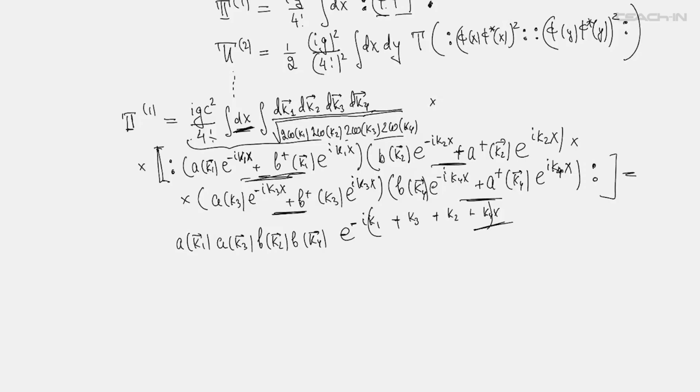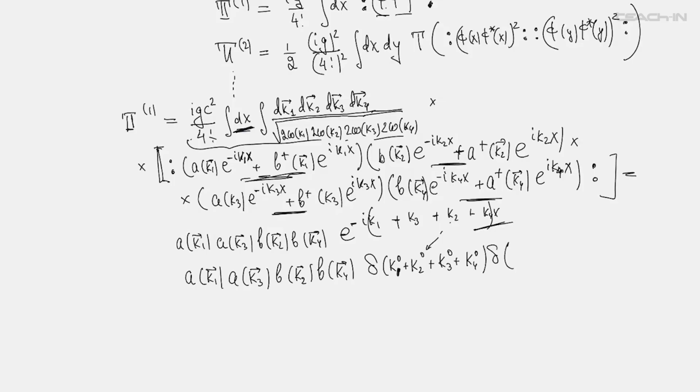So these terms, therefore, will be accompanied upon integration over x by the following coefficient: delta function k1 0 plus k2 0 plus k3 0 plus k4 0, and also three-dimensional momenta, like this.